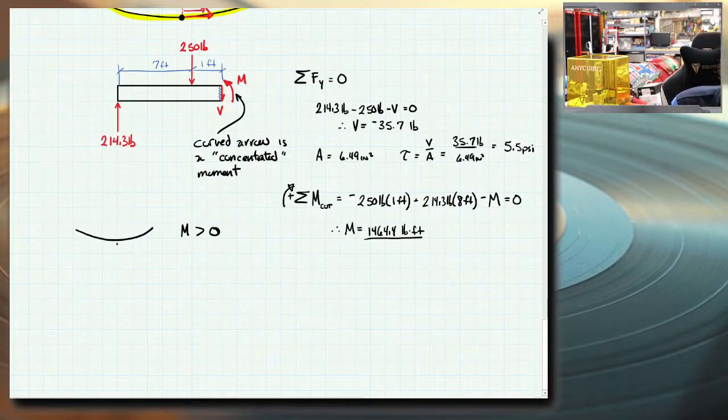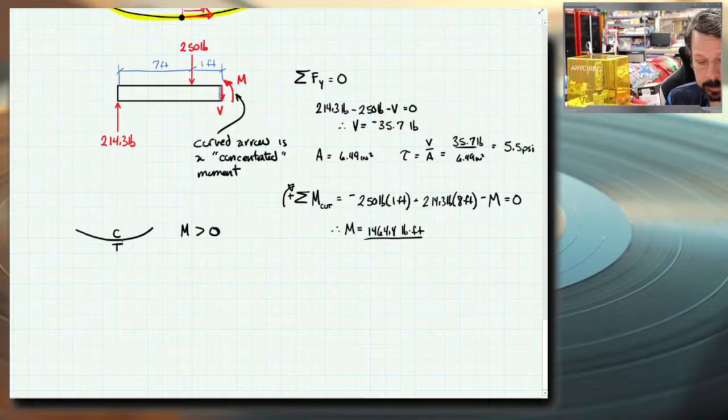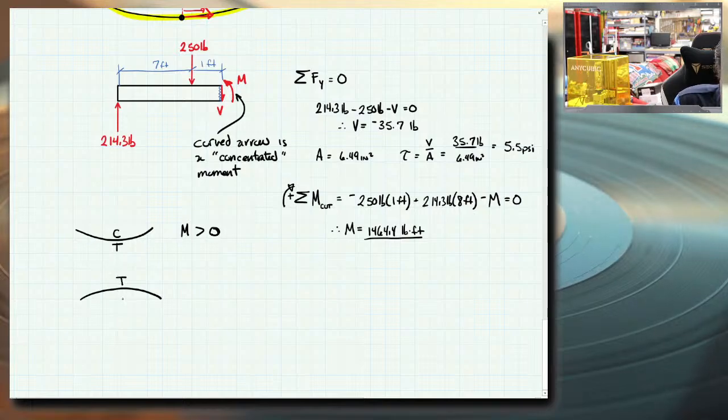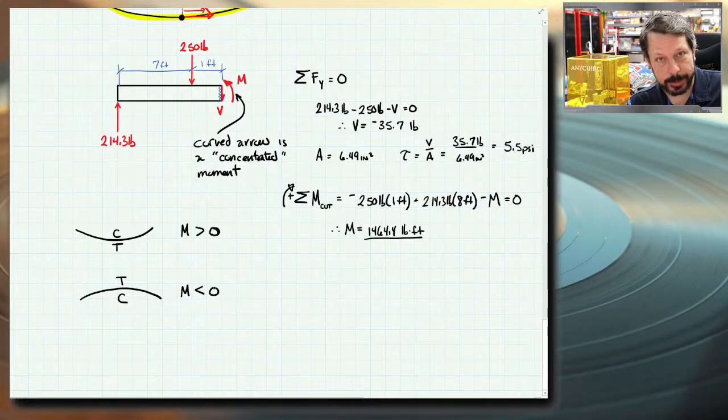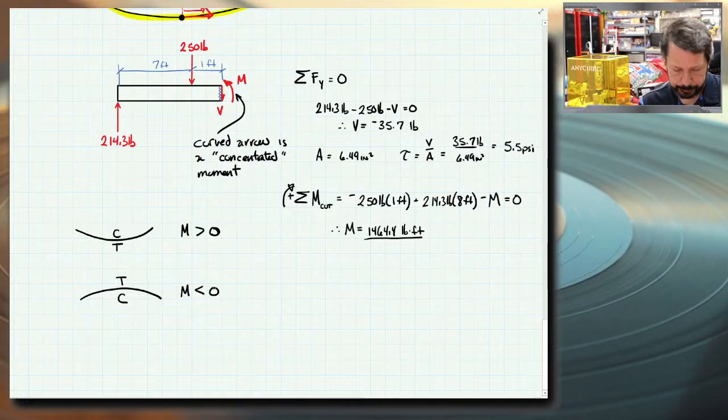It puts tension on the bottom of the beam and compression on the top of the beam. But you could imagine a scenario where you're pushing up on the beam and you have tension on the top and compression on the bottom. That would be M less than 0. If M is 0, it's just flat. It's not bending at all. There's no internal bending moment if M is 0.